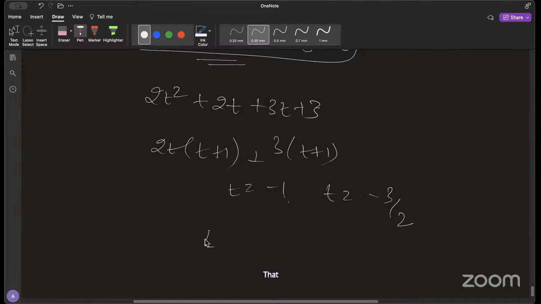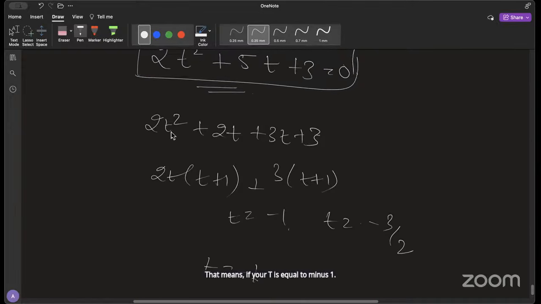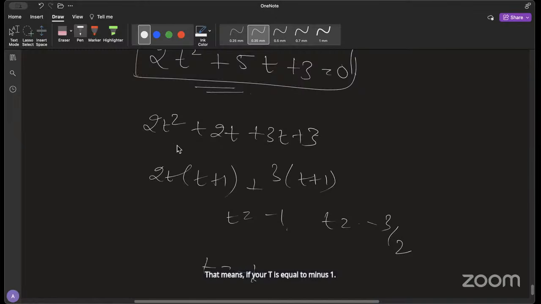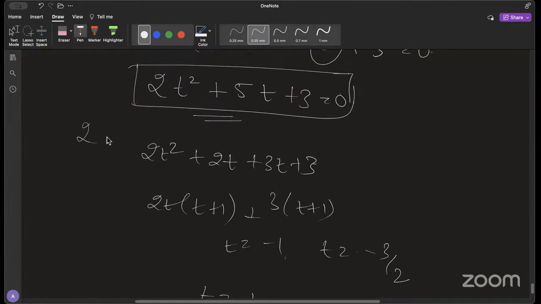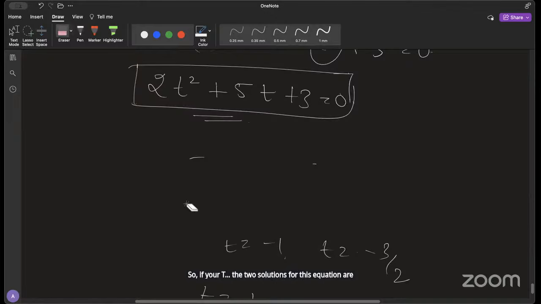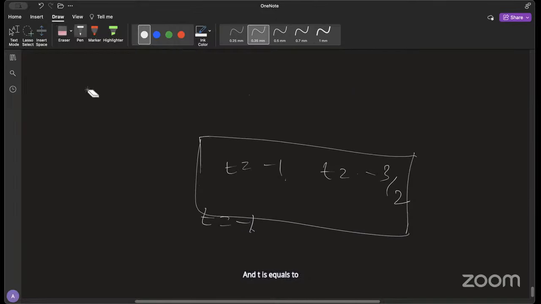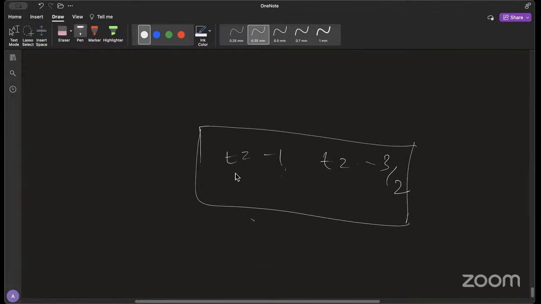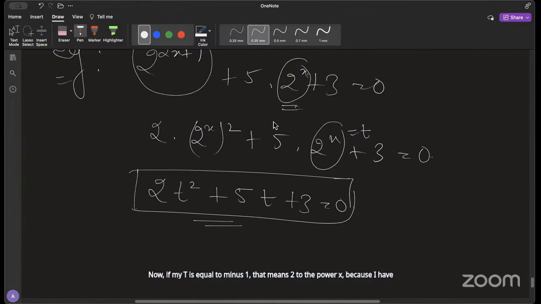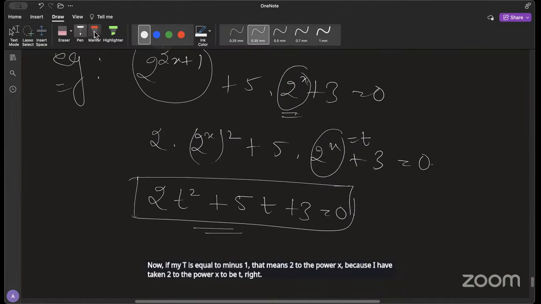That means the two solutions for this equation are t is equals to minus 1 and t is equals to minus 3 by 2. Now, if my t is equals to minus 1, that means 2 to the power x, because I've taken 2 to the power x to be t, right?